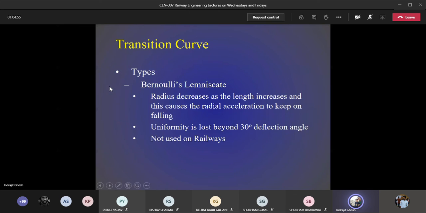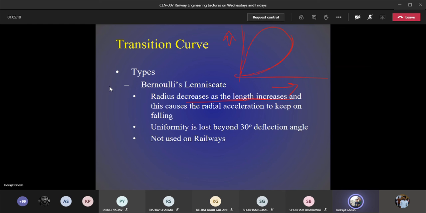Then we had Bernoulli's lemniscate, which has a shape like this. As we go in this direction or in this direction, the radius decreases as the length increases. As we move forward, the radius is decreasing. And this causes the radial acceleration to keep falling.